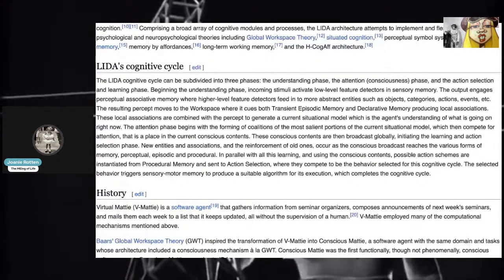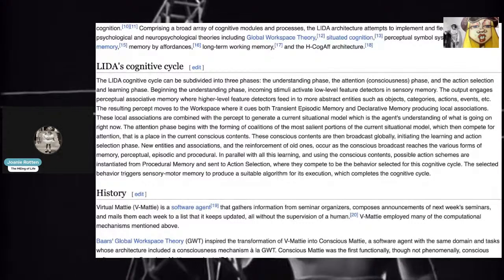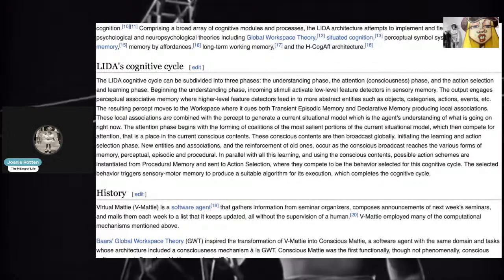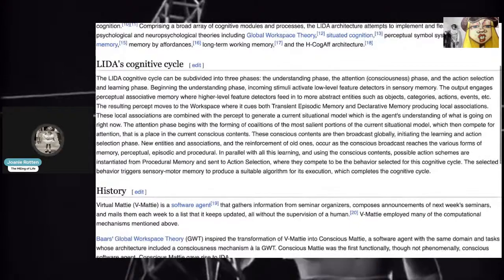In parallel with all this learning, and using the conscious contents, possible action schemes are instantiated from procedural memory and sent to action selection, where they compete to be the behavior selected for the cognitive cycle. The selected behavior triggers sensory-motor memory to produce a suitable algorithm for its execution, which completes the cognitive cycle.